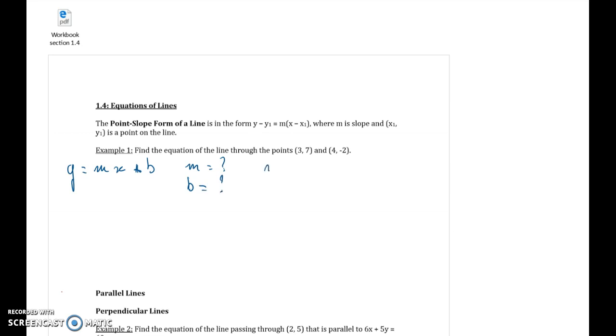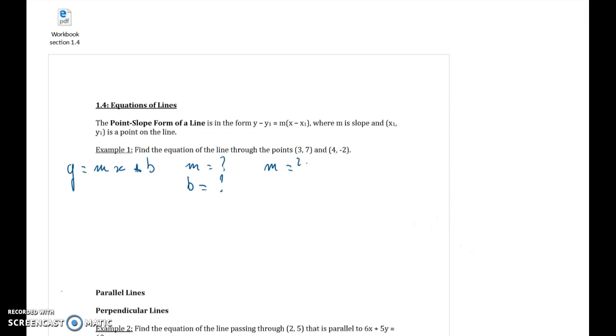So how do you calculate the slope? Well, I take these 2 points and do y2 minus y1 over x2 minus x1. I don't care which point you take as point 1 and point 2. Just for the sake of it, I'll take point 1 as 4, negative 2 and point 2 as 3, 7.